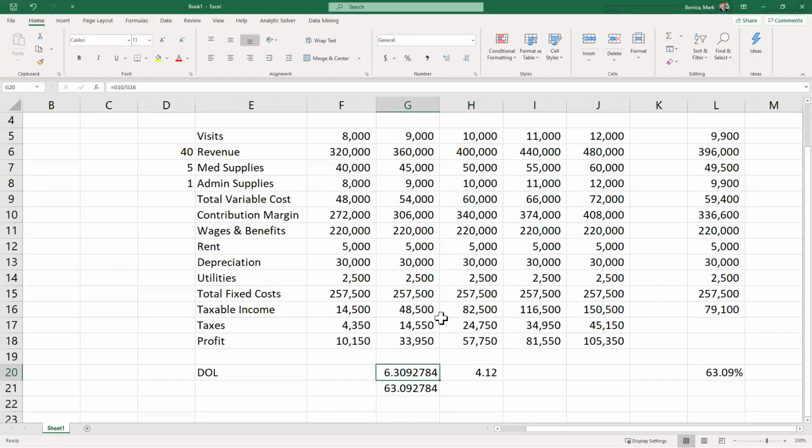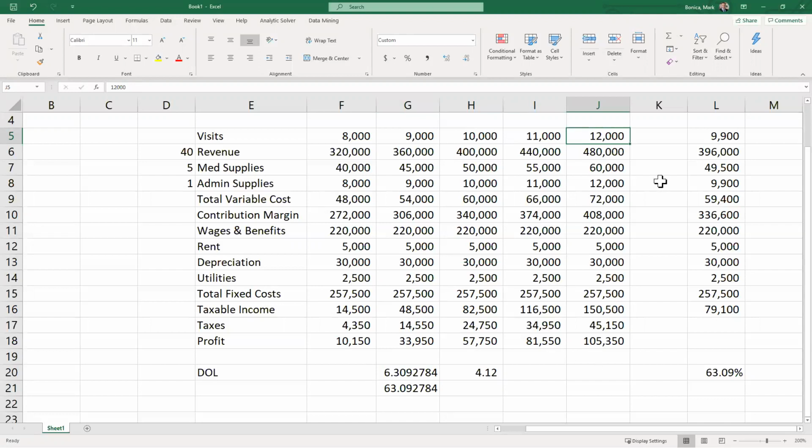The thing that's happening as we move to the right, and this also, by the way, works if we move to the left. So if we went from 9,000 to 90% of 9,000, a 10% decrease, you would have seen a 63% decrease in pre-tax profit as well. We're holding our fixed cost constant all along, but we're getting more contribution margin relative to our fixed costs as we move up in volume and move our base case along in volume.